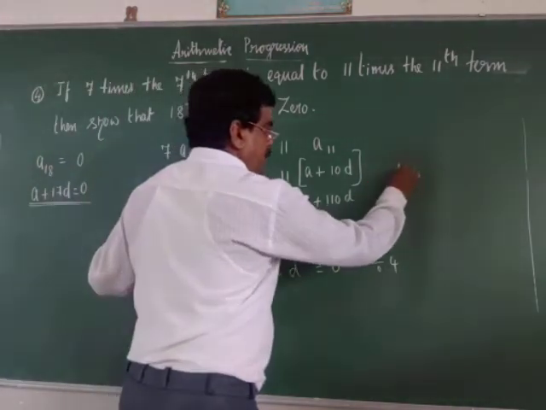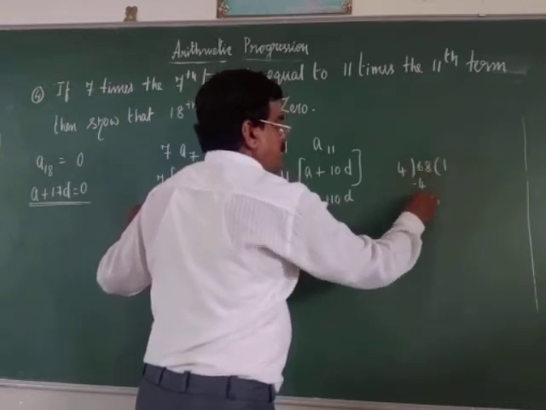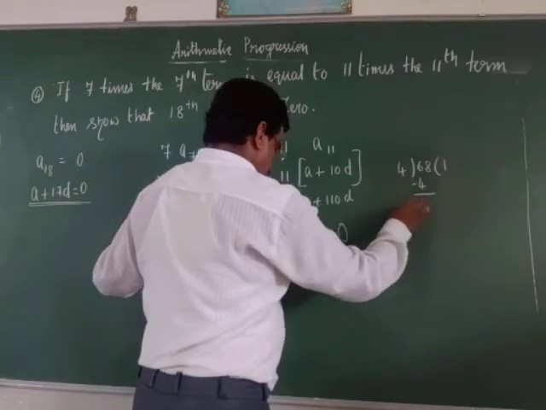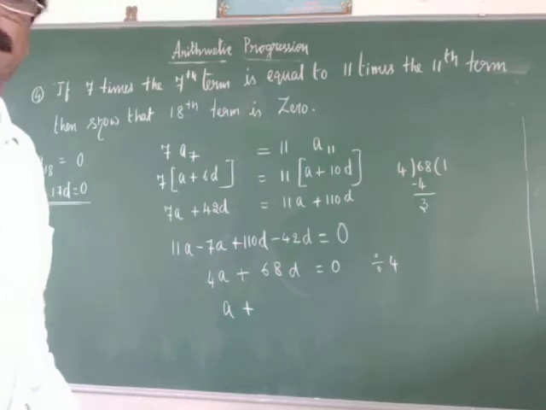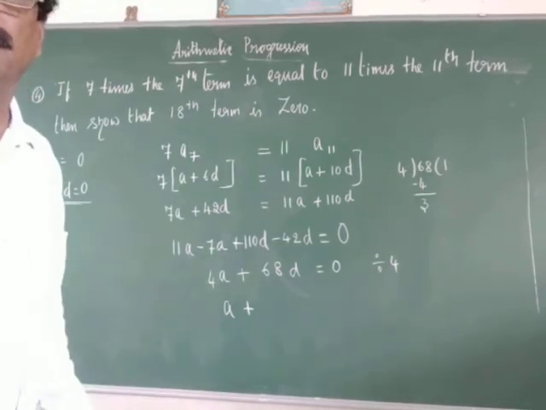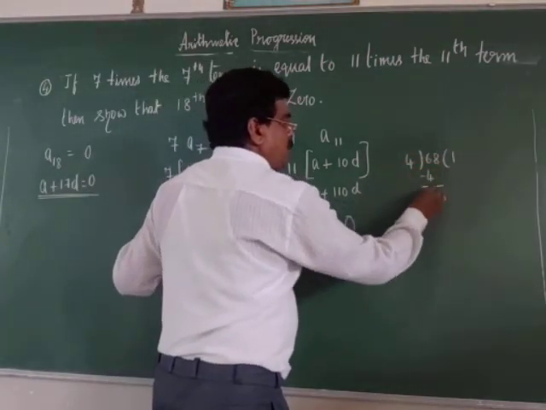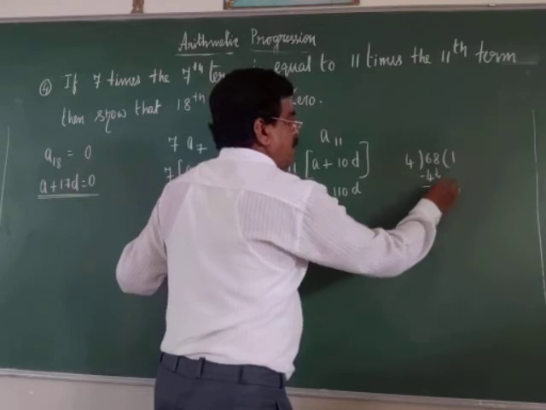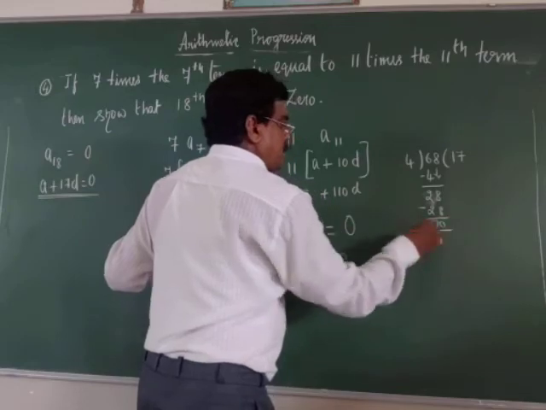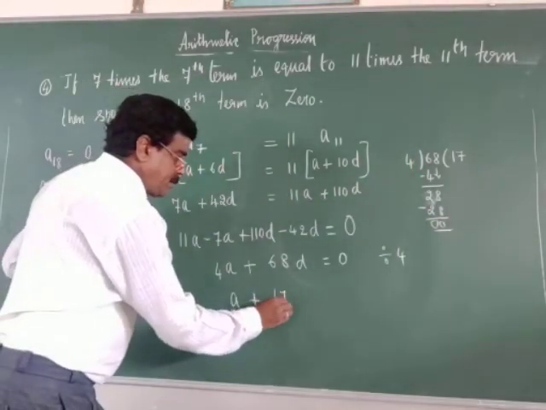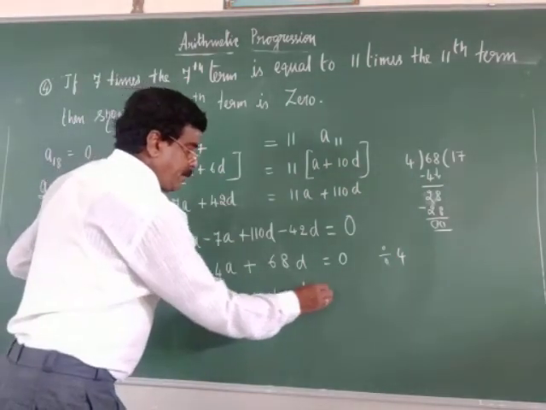You can show if you want. 68 divided by 4: 4 ones are 4. 6 minus 4 is 2 here. So bring down this 8. 4 sevens are 28. It means 17 times. See, 68 divided by 4, I showed in the working column. It's 17 times D is equal to 0.